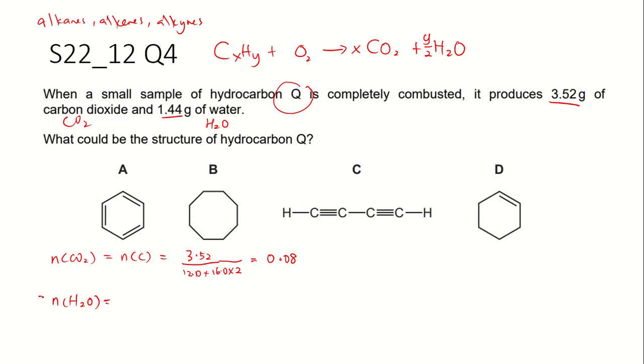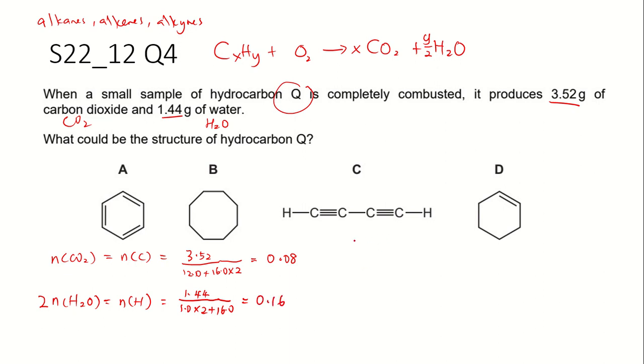So this multiplied by 2 will give us the number of moles of hydrogen in hydrocarbon Q. So 1.44 gram divided by the molar mass of water, which is 18, will give us 0.16.